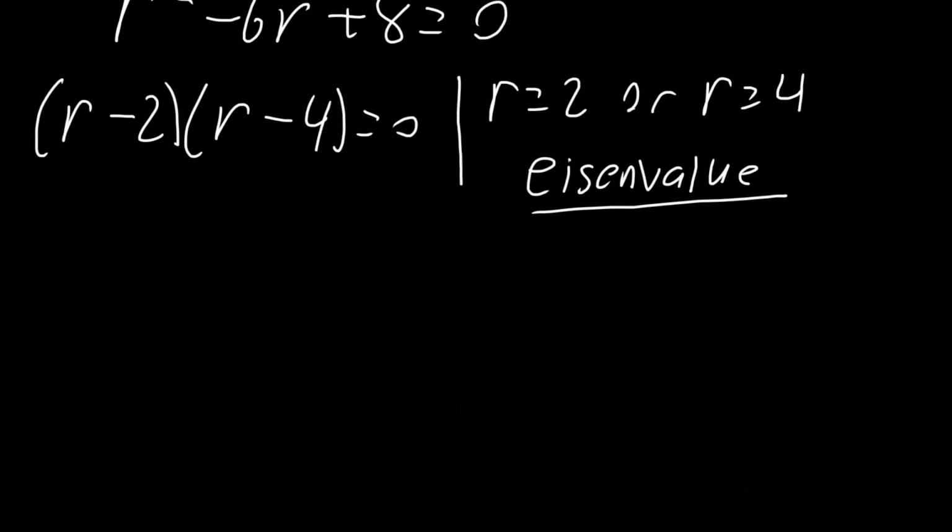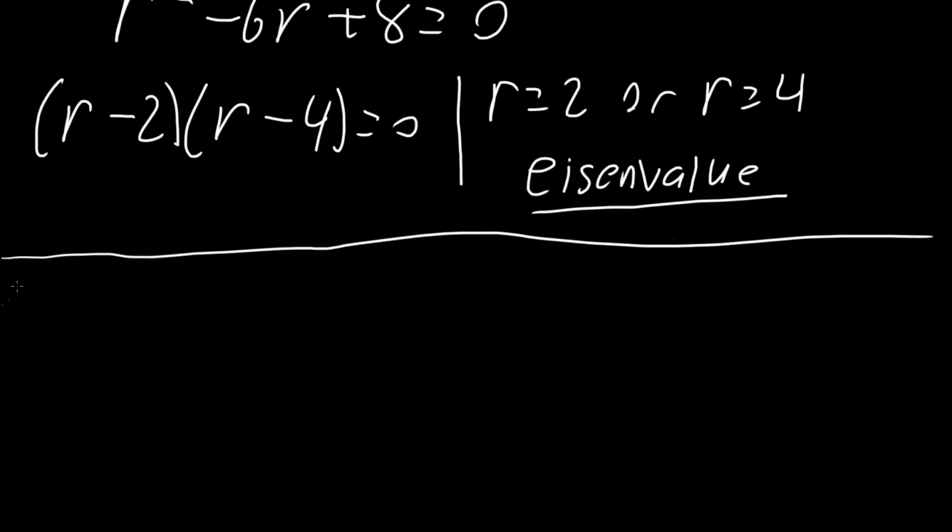Let me scroll down. We'll get the eigenvector first for r is equal to 2. If r is equal to 2, we go back to what we originally wrote and plug in r equal to 2.